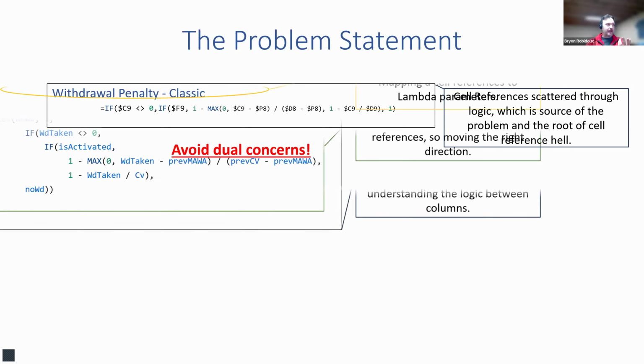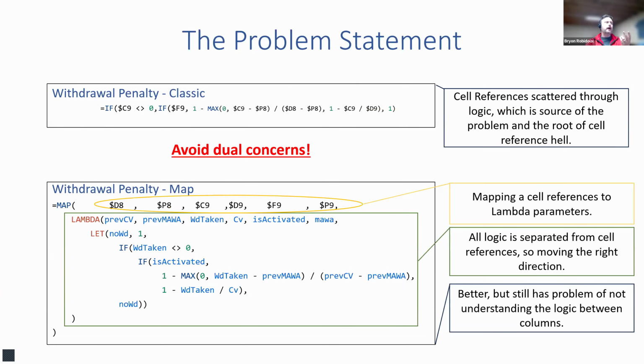So how do we get rid of that? I'll explain more about this map function later, but all you need to know here and now is that we've separated the location of the input from the logic itself.